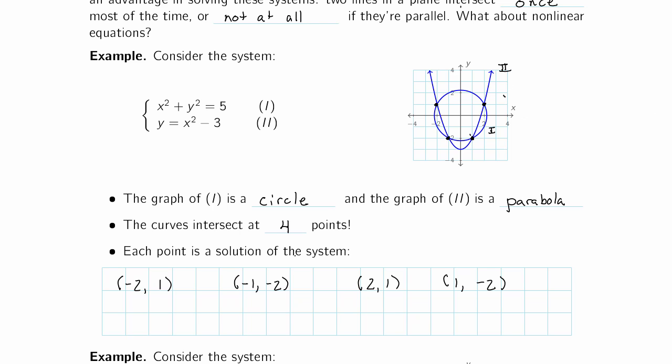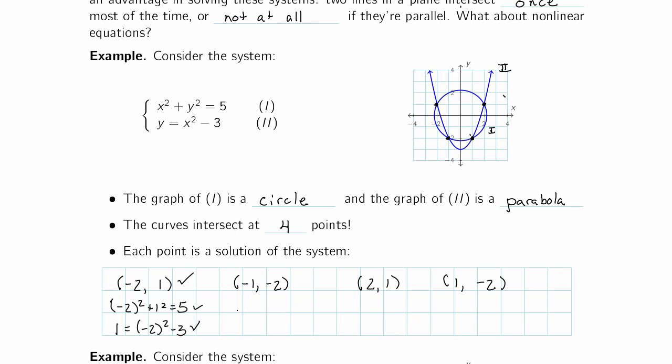And we see that all of those points, if we plug them into our equations, work. In equation 1 we have (-2) squared plus 1 squared really equals 5. And in equation 2, we have 1 equals (-2) squared minus 3. Those are both true. That's really a solution to our system.